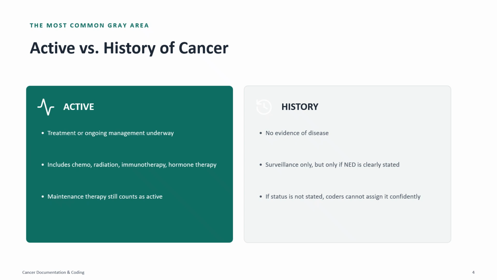So surveillance alone is usually history, but only if you clearly state that there's no evidence of the disease. If you do not explicitly state the status, we are limited in what we can assign, and that limitation shows up as lost risk adjustment or, even worse, an overstated one.